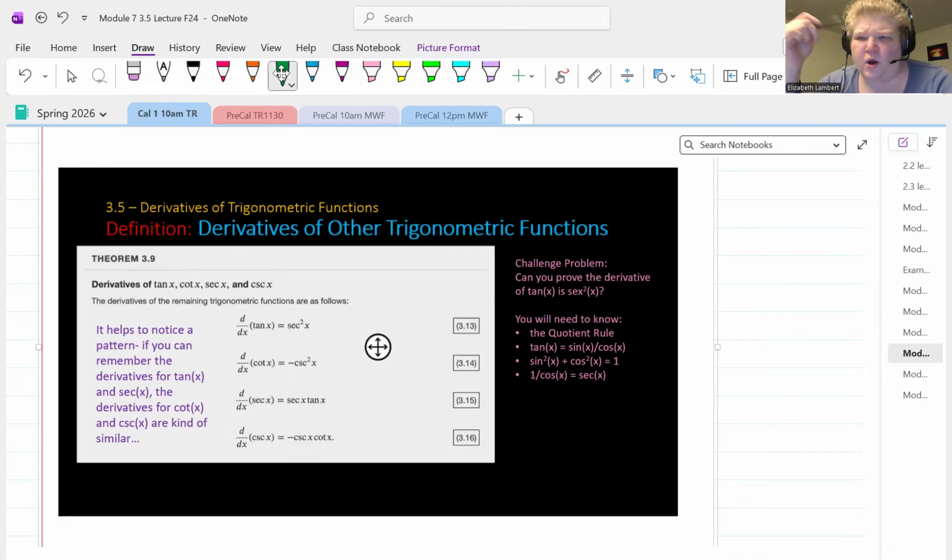But what is 1 over cosine squared? Oh, that's secant. 1 over cosine is secant, so that'd be secant squared. Now look over at our derivative for tangent. Boom, secant squared. Because tangent has a cosine on the bottom, and quotient rules always end up with the denominator squared.